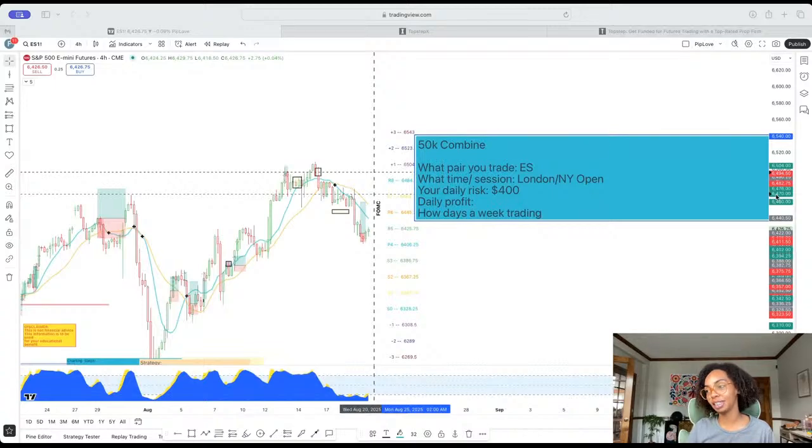So, Kelly's profit target per day is going to be 1,500. Well, we don't have to do that, you guys. Let's just say, how many days a week can we trade? Let's say we have someone that's only able to trade 3 days per week.